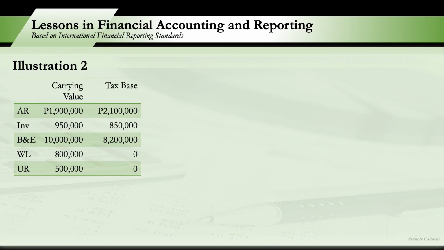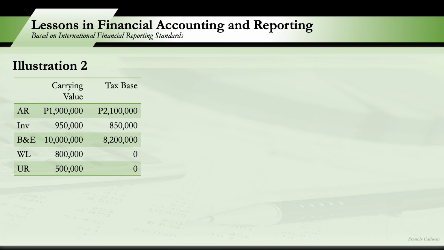So, first, for accounts receivable, carrying value is 19, tax base is 21. So the difference of 200,000 is a future deductible amount. For inventory, carrying value is 950, tax base is 850. The 100,000 difference is a future taxable amount. For building and equipment, carrying value is 10 million, tax base is 8.2 million, so the carrying value is higher.